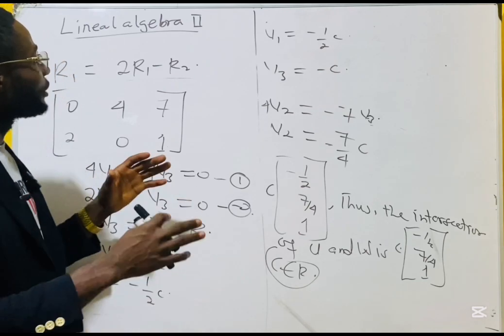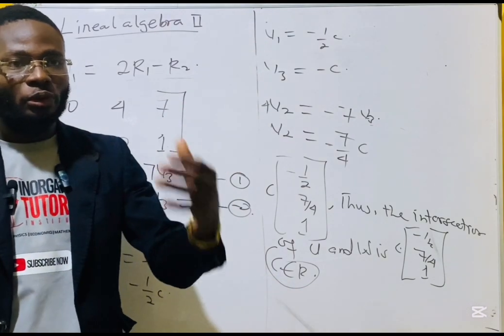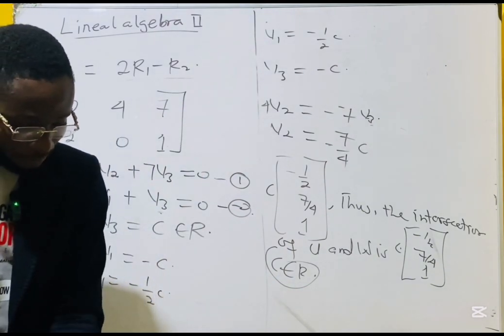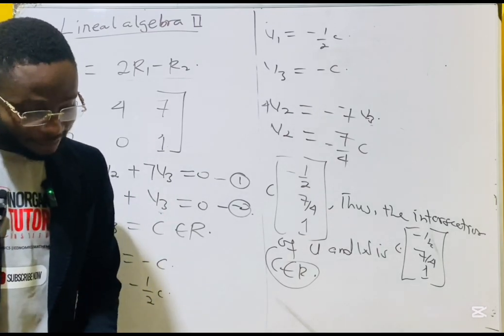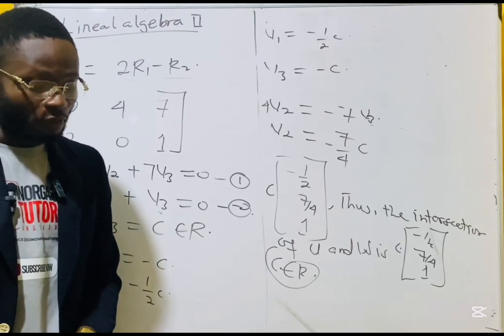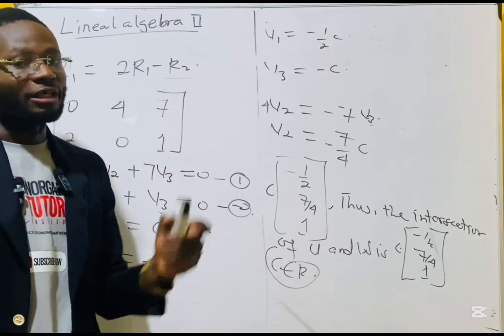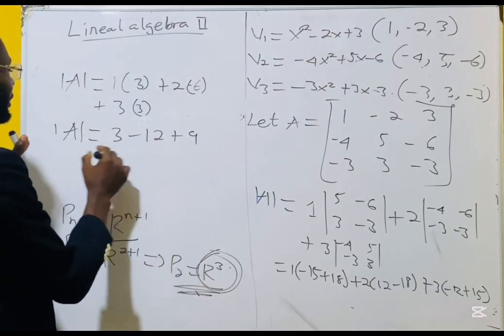Okay, let's move to the last part of problem 4, where we have to determine whether this particular set constitutes a basis for the vector space. Okay, then I'll give the last part as 3 minus 12 plus 9.